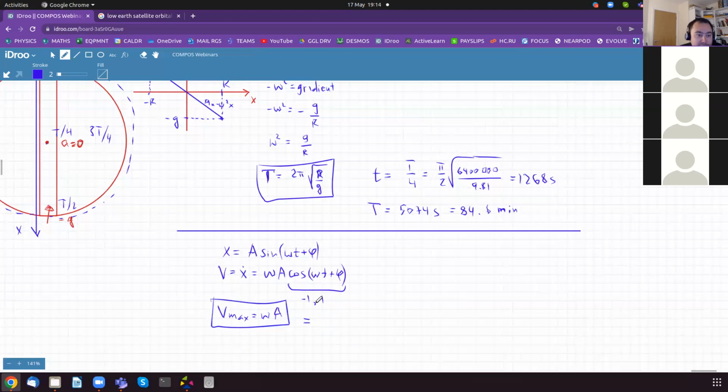And in this case, omega is square root of g over r multiplied by the amplitude, but the amplitude is the radius of the planet. So it's going to be square root of gr. And that is square root of 9.81 times 6,400,000.